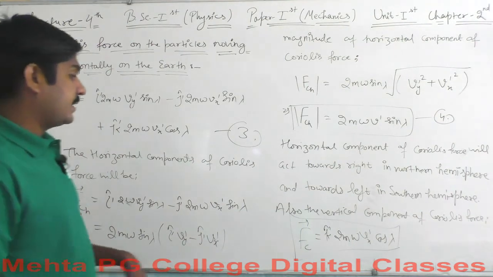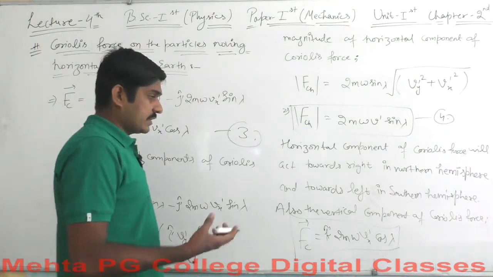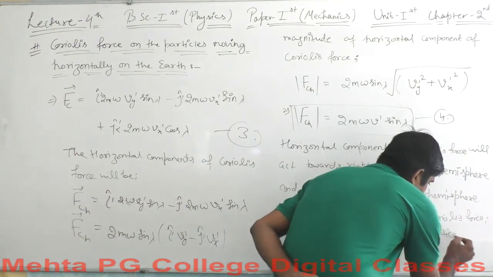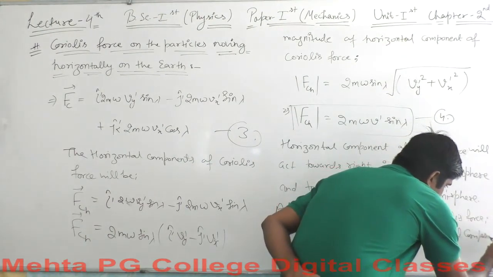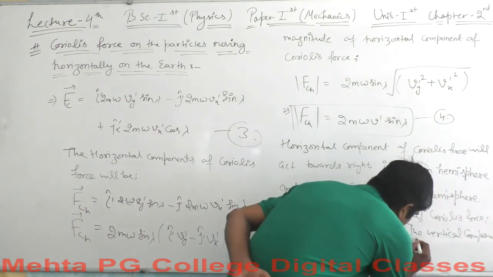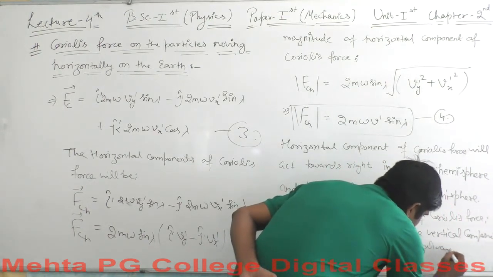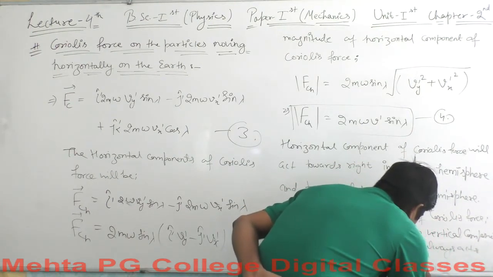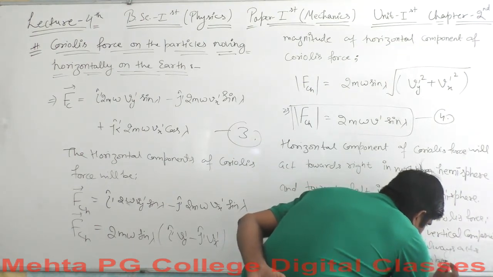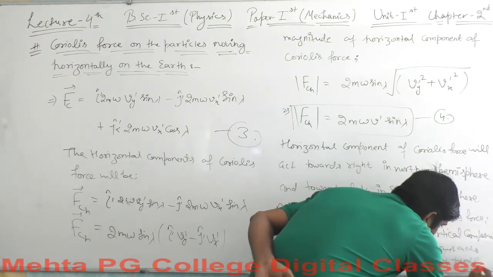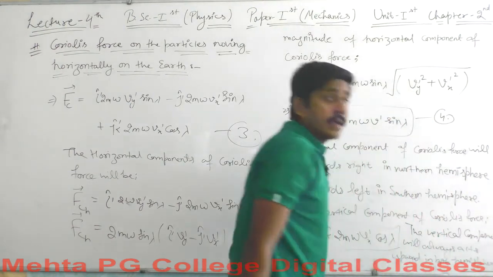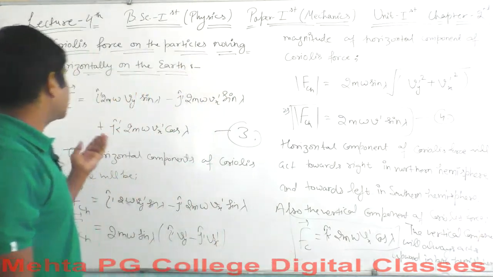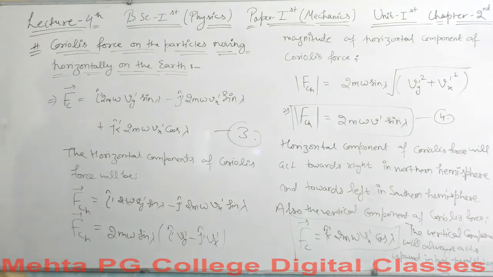This vertical component will always act upward in both hemispheres. So you can see the direction, the k dash cap.